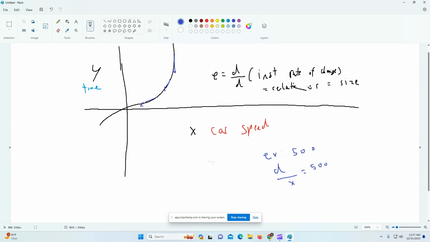So it's a very fast growing function, because Euler's exponent is one of the fastest growing functions. So remember, size relative to rate of change, right?